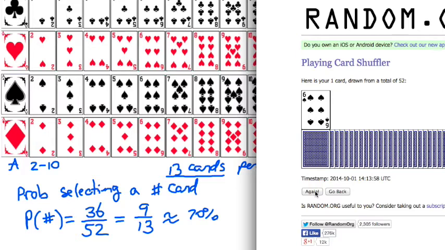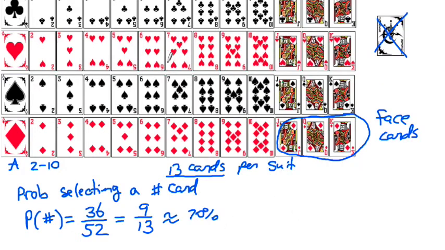So there's 20 number cards so far and 13 not number cards. Let's see what that turns out to be. With our empirical experiment, I only did it 33 times. That's not a lot.